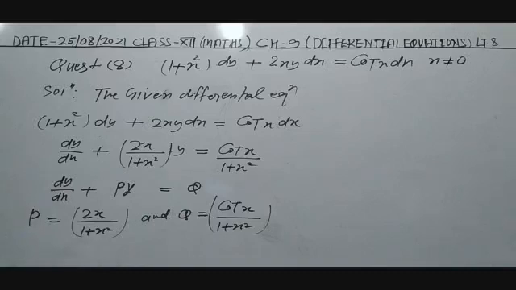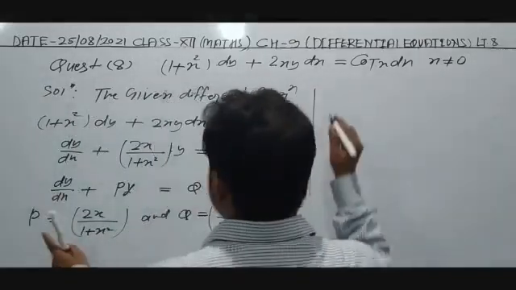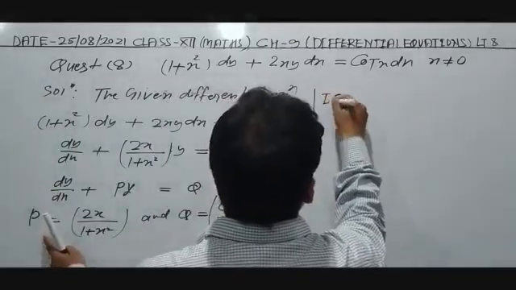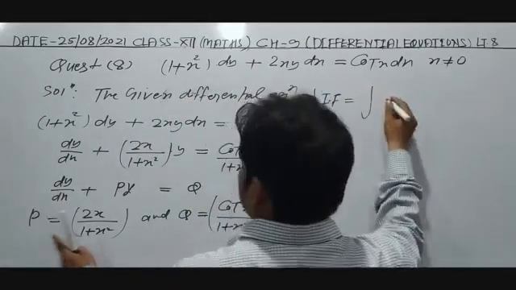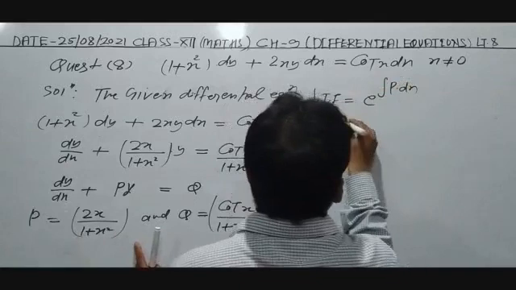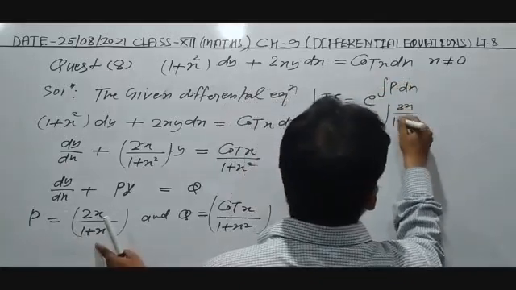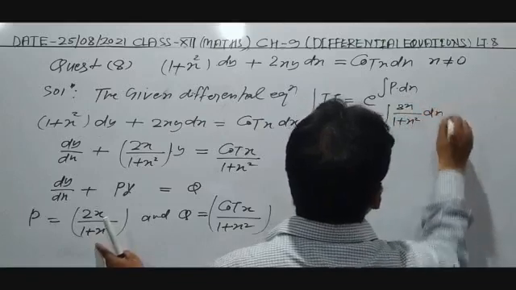Now we have to find the integrating factor. The integrating factor is equal to e to the power integration of p dx. So e to the power integration of 2x upon 1 plus x square dx.